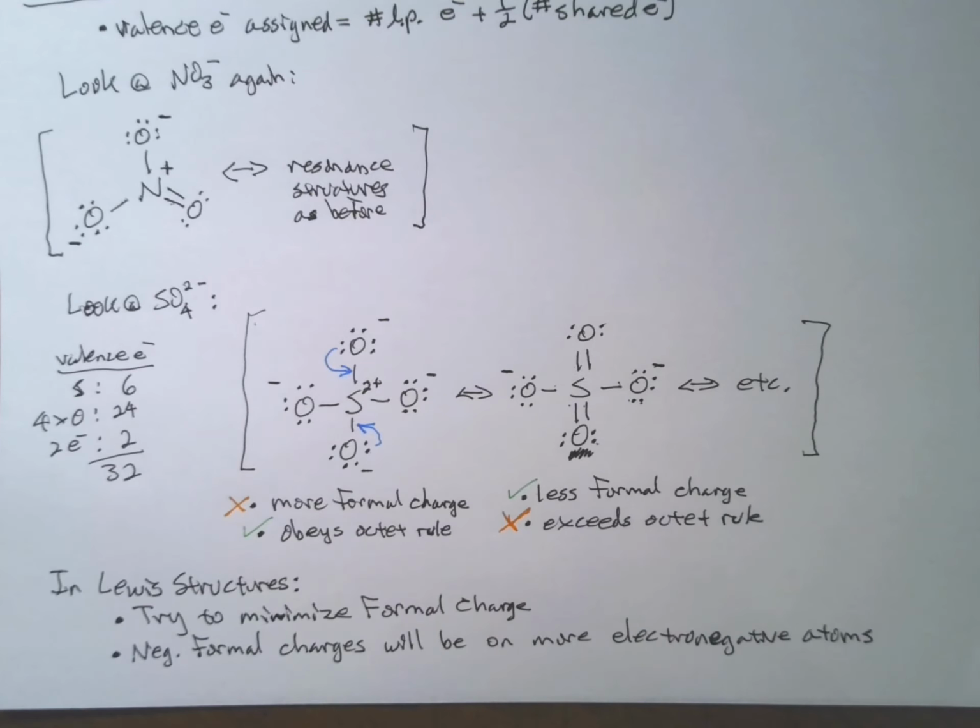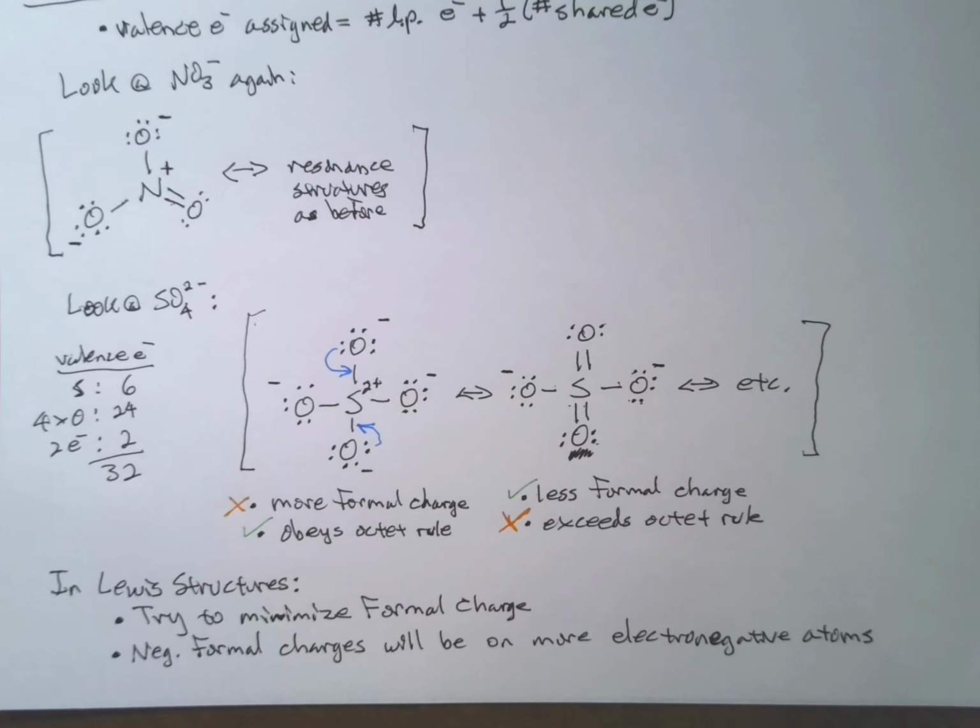So these two concepts of resonance and formal charge help Lewis structures do a better job of explaining the structures of molecules and also how molecules react. And you'll look at this in more detail in future chemistry courses, some in 1B and then an awful lot in organic chemistry, 12A and 12B.